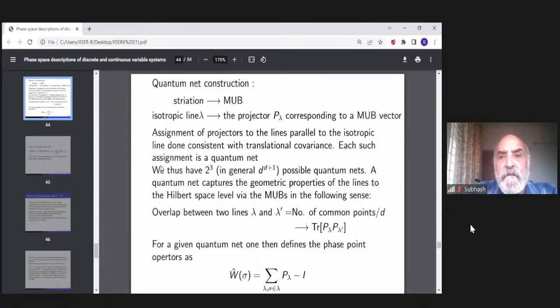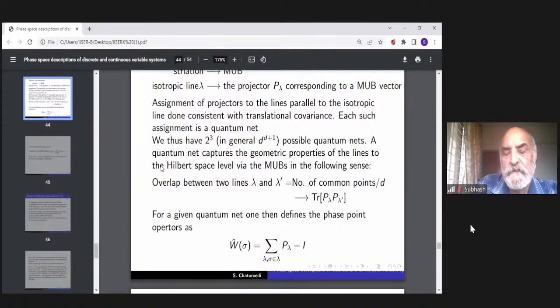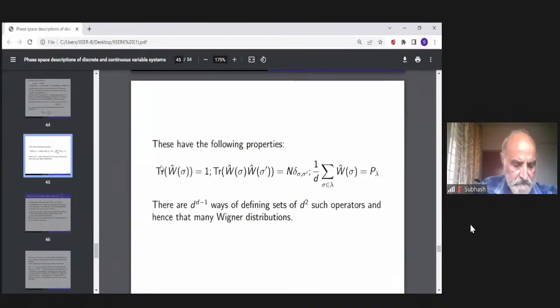Depending on the application that we have in mind, we can choose which one suits our requirements best. This could be, for instance, the eigenvalues of the phase point operators: the spacing between the eigenvalues should be large, or they should be closely spaced. You can choose the corresponding Wigner function description.